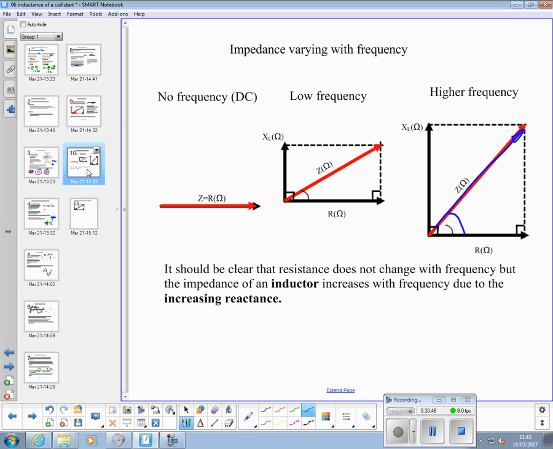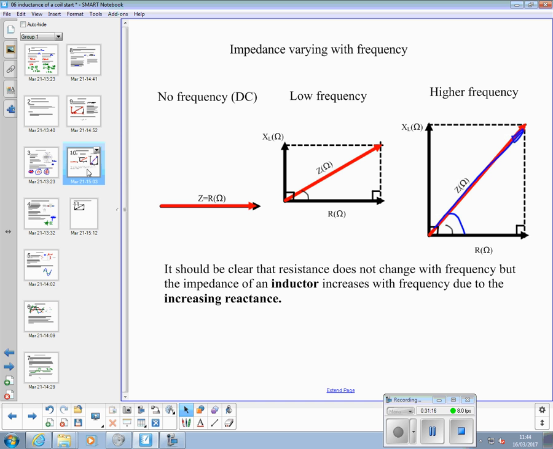Has to. So as we put frequency up, the impedance of an inductor increases. You all understand that? Can you see why that happens in terms of the phasor diagram? So what's going to happen to the current? If impedance gets bigger, what's going to happen to the current in the circuit? Down. Right?